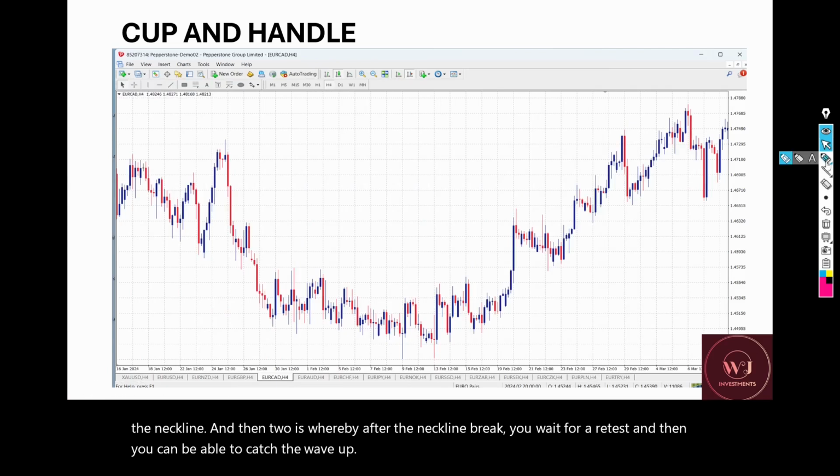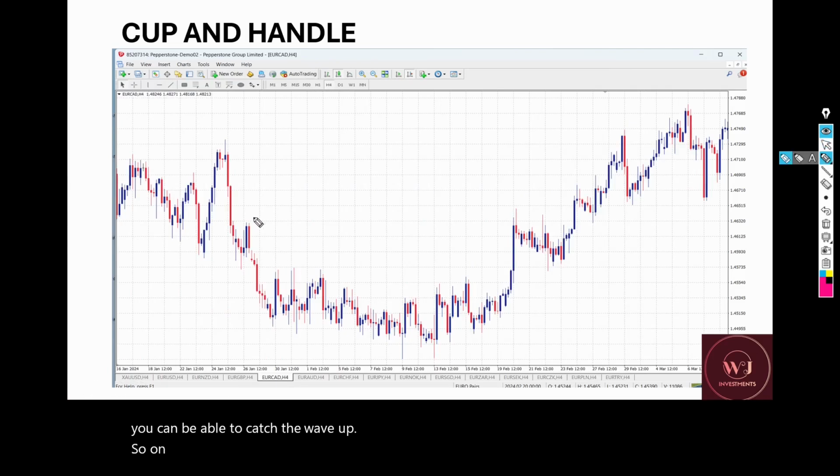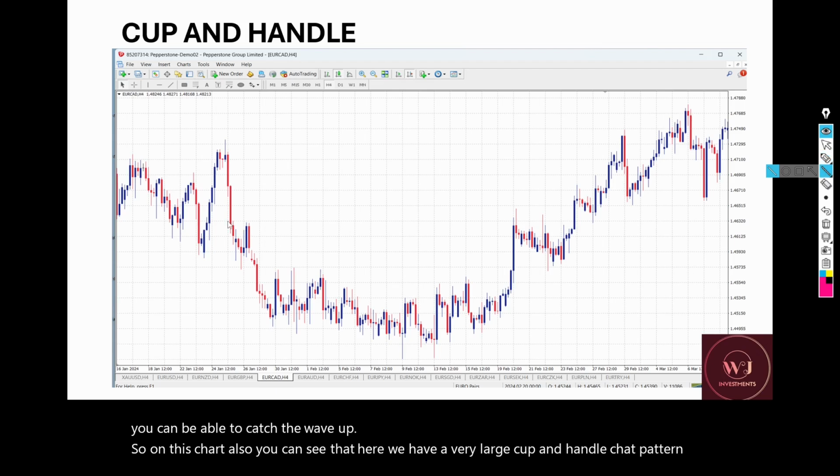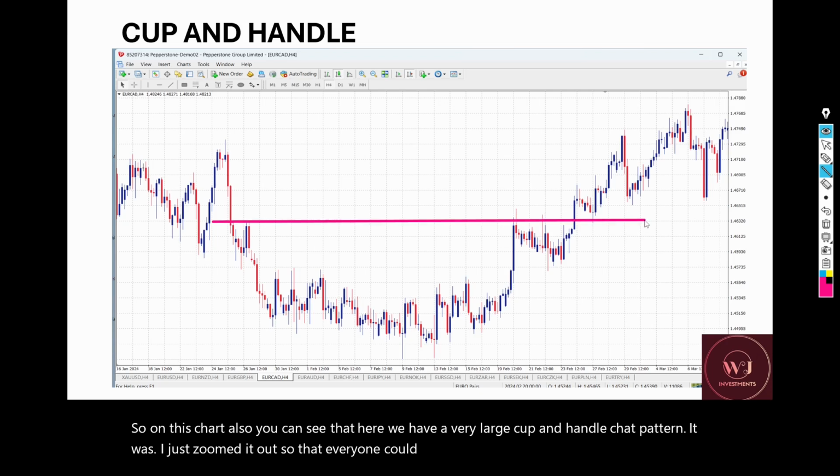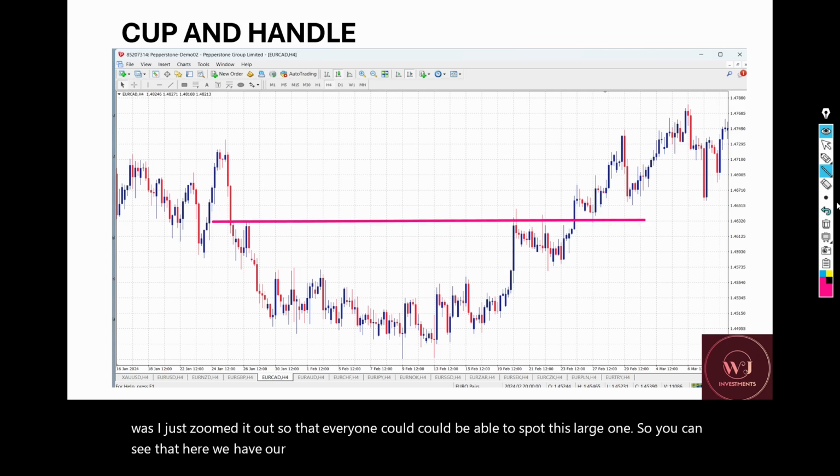So on this chart also, you can see that here we have a very large cup and handle chart pattern. I just zoomed it out so that everyone could spot this large one. You can see that here we have our neckline, connecting these two points, which make the mouth, and then this point here.